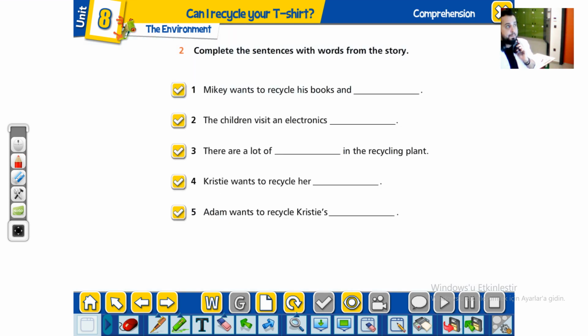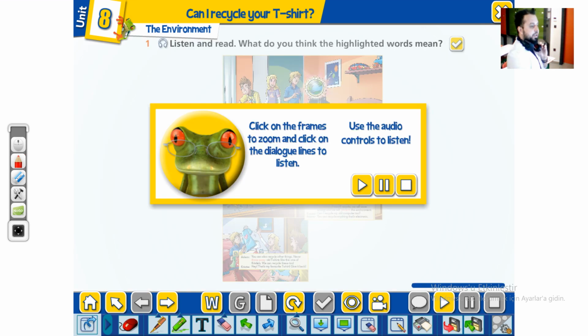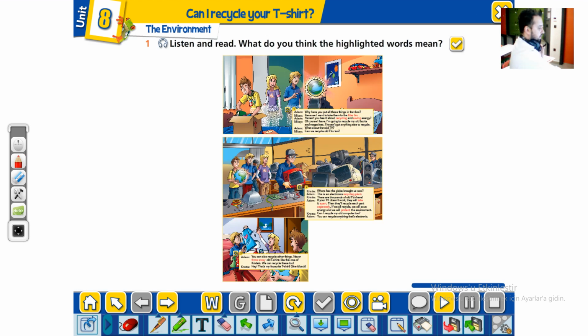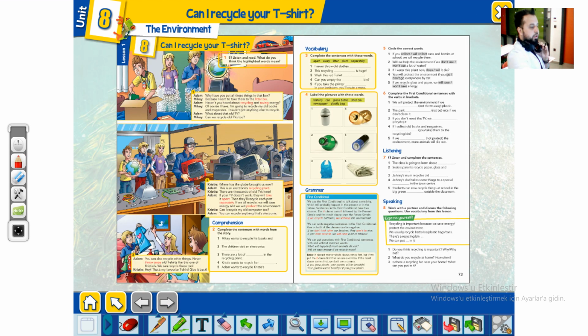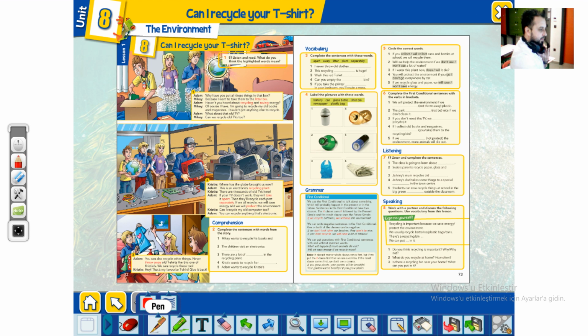I want all of you to stop the video now and do exercise 2, 3 and 4. I'm going to mark it. Exercise 2, 3 and 4, and we are going to check it together. Stop the video, do this part, and we are going to check.